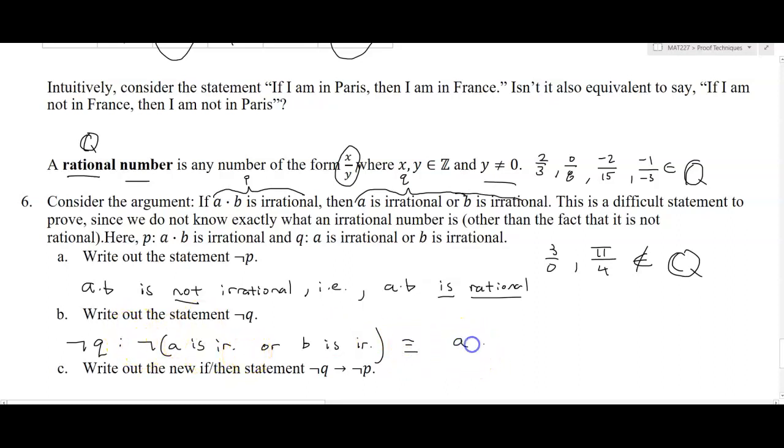So A is rational is the negation of that. And then under De Morgan's law, the negation of an or is an and, and B is also rational. So we have to negate that statement. So B is rational. What we've done here is gone from talking about irrational numbers to only working with rational numbers. Everything is now in terms of rational numbers.